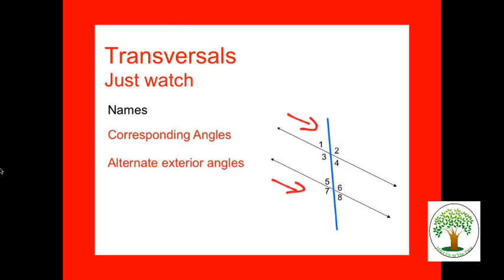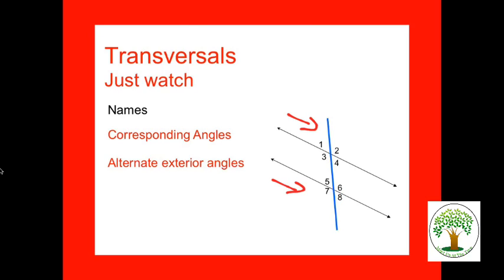If 1 is one of the exteriors, 7 or 8 are the other exteriors, but which one would be the alternate, do you think? 7 or 8? 8. Because it's on the opposite side of that transversal. It's on the alternate side of the transversal, okay? So those two are called alternate exterior angles.